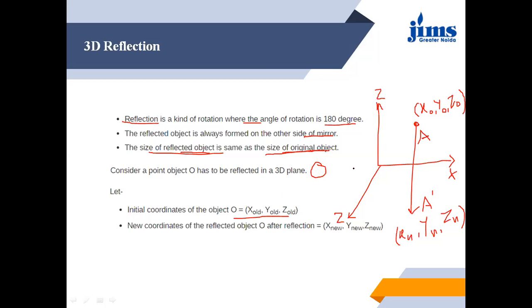So till here we discussed how reflection is possible, what we have to do in reflection, and what a reflection is. Now we will discuss how we can perform different types of reflections, or how many types of reflections there are.